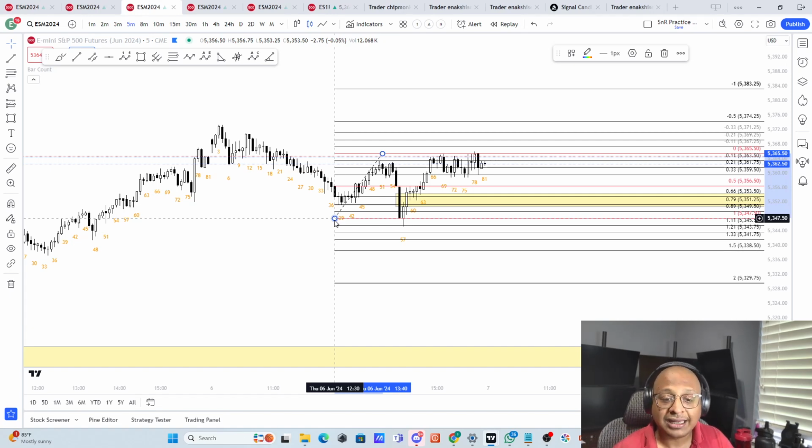Once you are in a trade, you have to define this is where I will take profit, and more importantly, you have to define this will be my risk. I am not going beyond this area, otherwise there will be a problem in my capital, right? So those things have to be logically fixed and placed in your mind, correct?